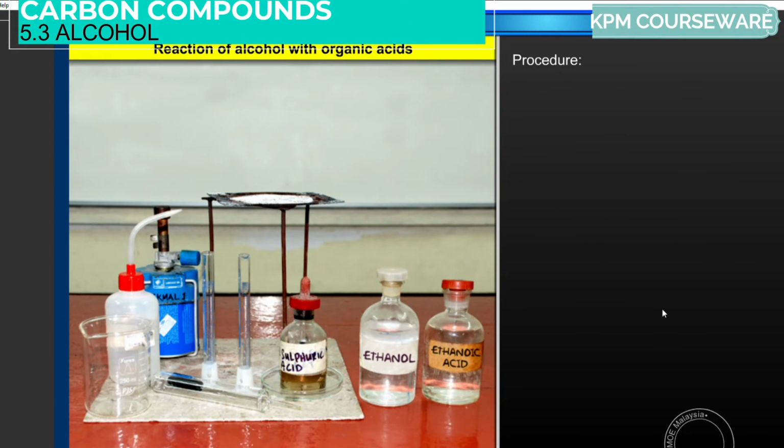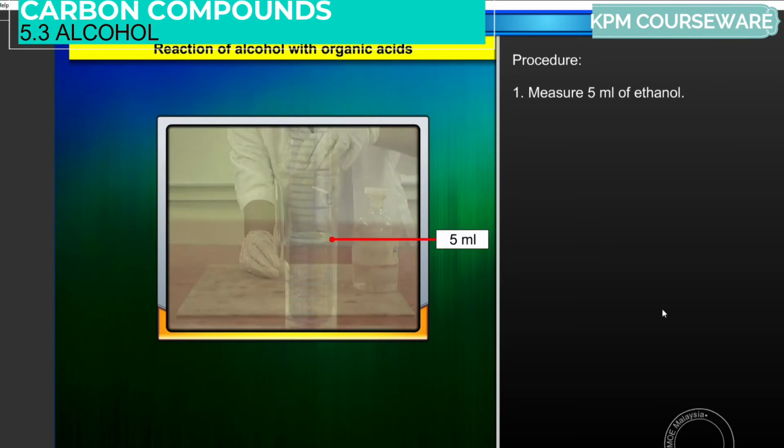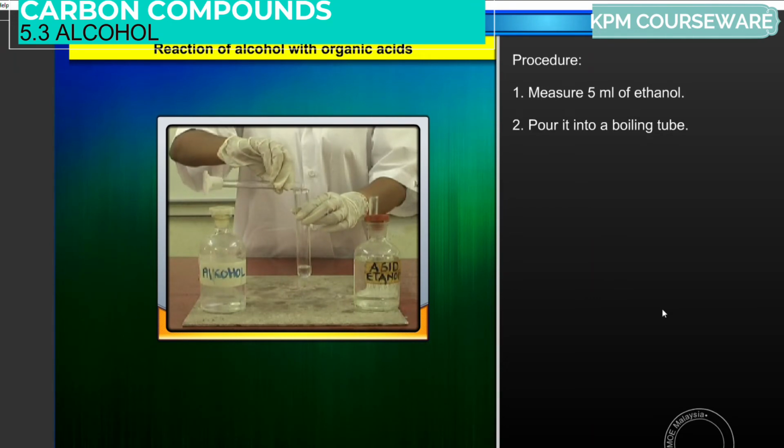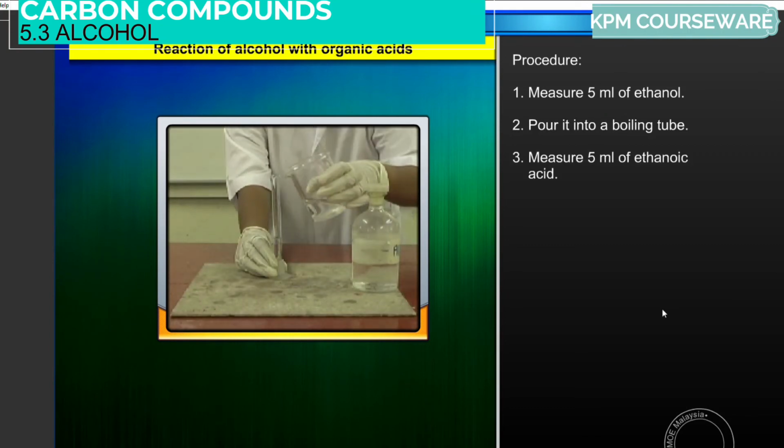Follow this procedure. Measure 5 milliliters of ethanol. Pour it into a boiling tube. Measure 5 milliliters of ethanoic acid.